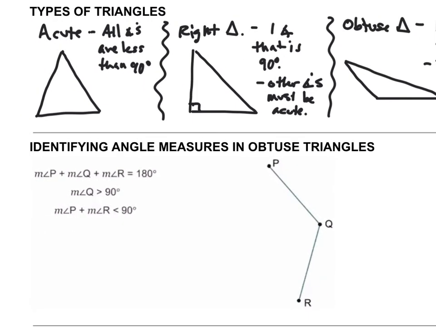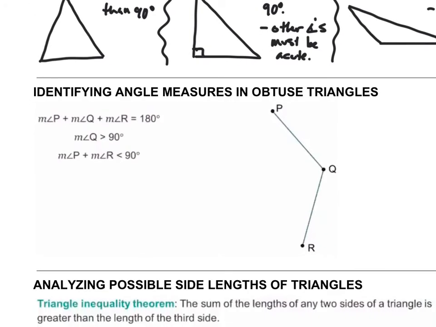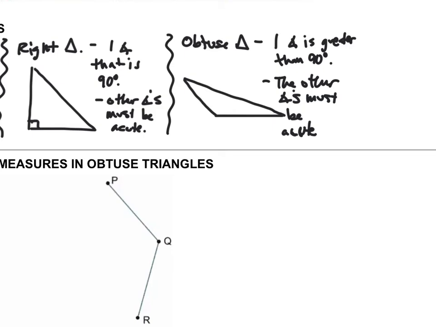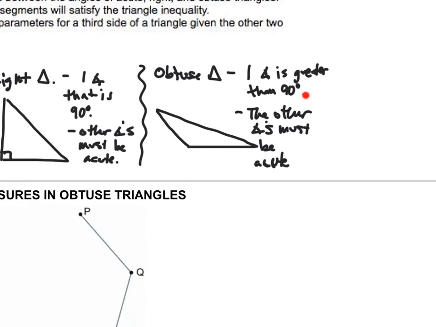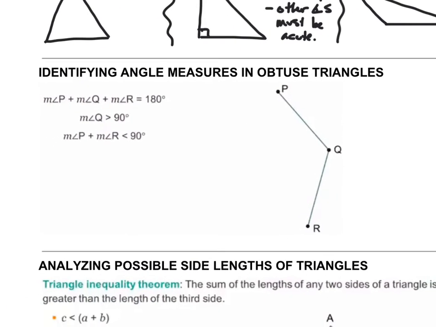All right, so what we want to do is identify angle measures in obtuse triangles. Over here I just said that if one angle is greater than 90 degrees, we have one obtuse angle, and the other angles must be acute. So if we had this obtuse angle here, and let's say we connected P to R, we know that angle Q is greater than 90 degrees.